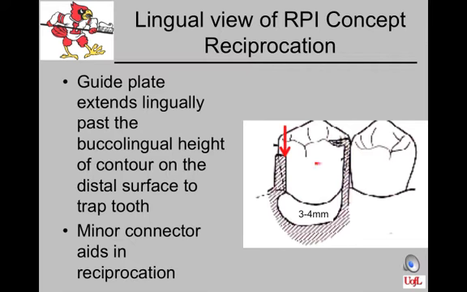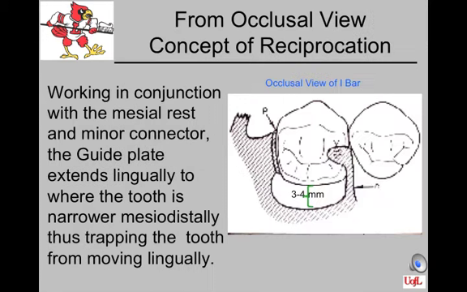The minor connector also aids in this reciprocation action. Working in conjunction with the mesial rest and the minor connector leading up to it, the guide plate extends lingually to where the tooth becomes a little bit smaller, thus trapping the tooth from moving lingually as the I-bar flexes into an undercut.